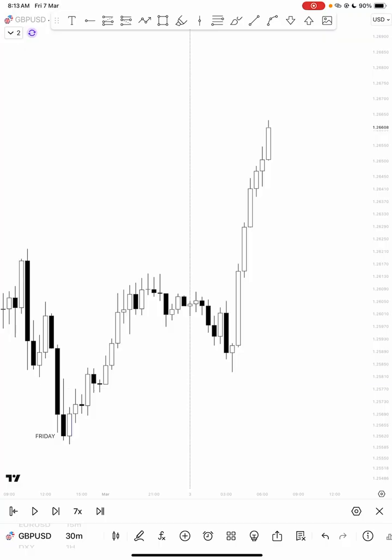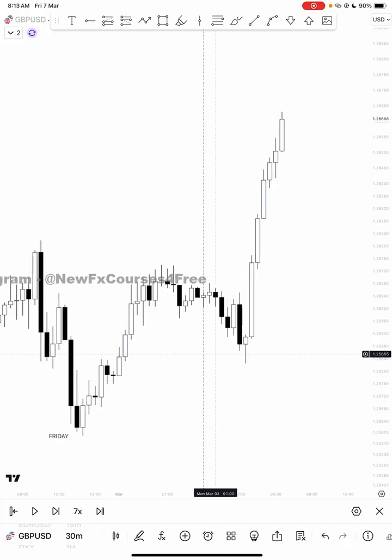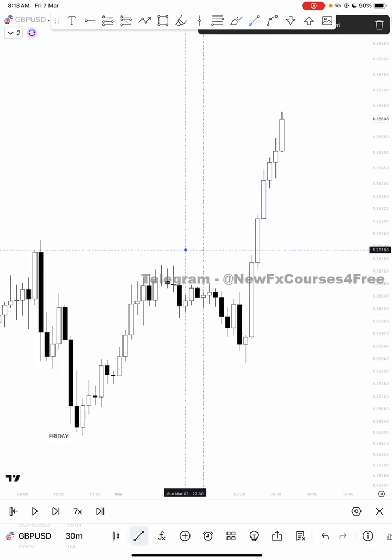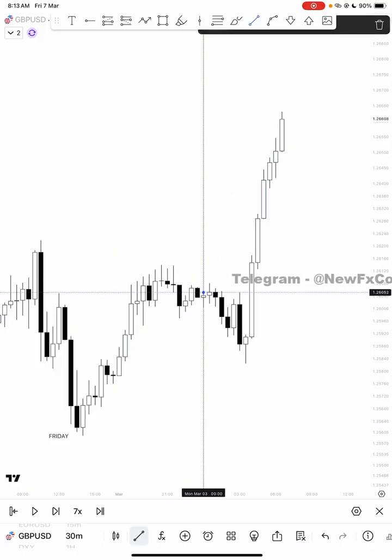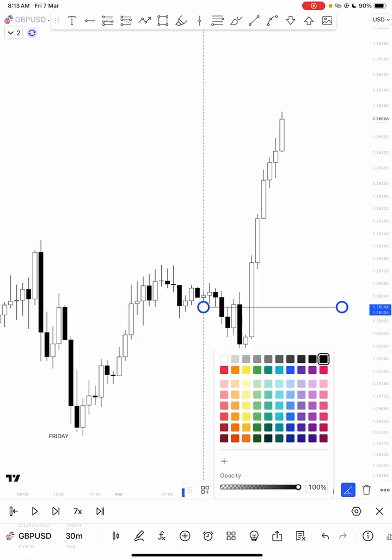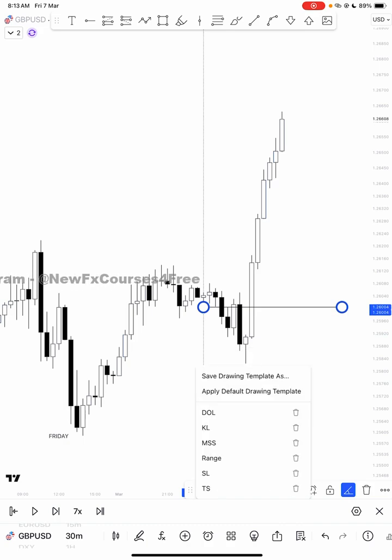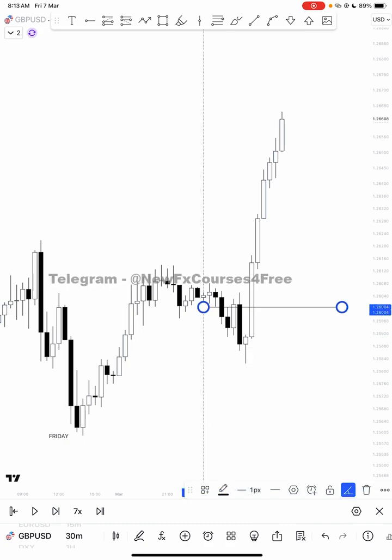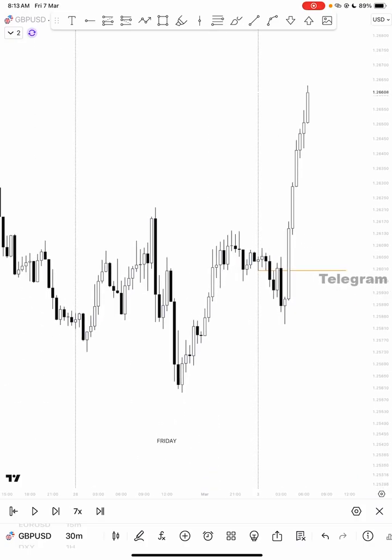So over here, this was Monday and you got your opening price. So you outline your opening price. So here is your opening price over here. Let me use this color. Yeah, this is good.